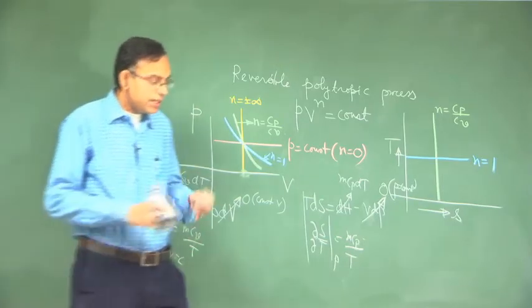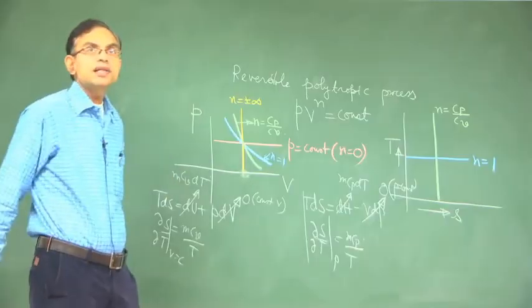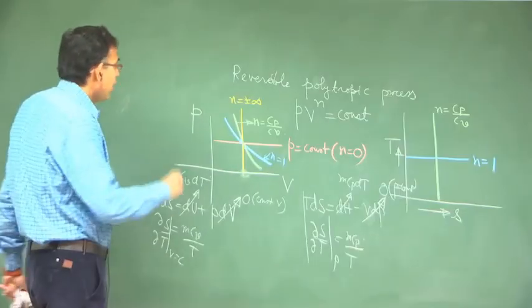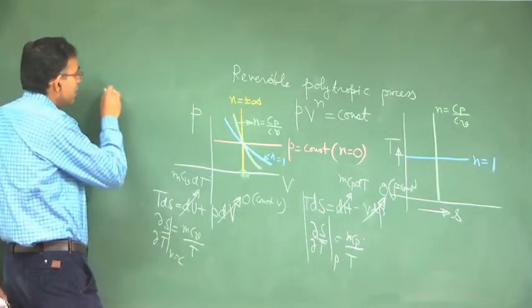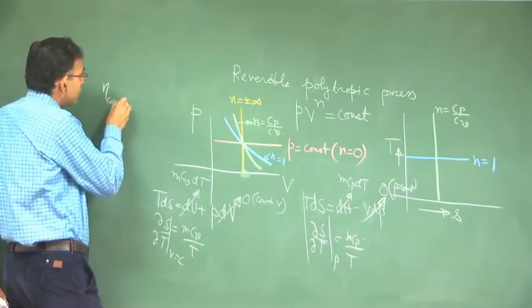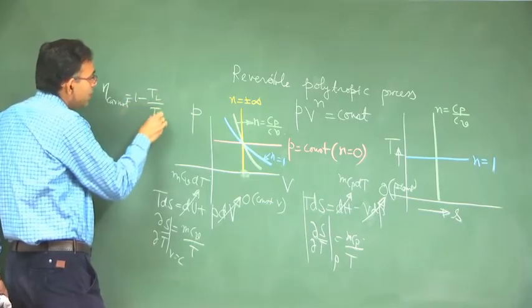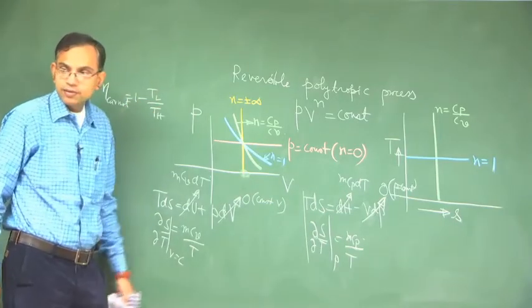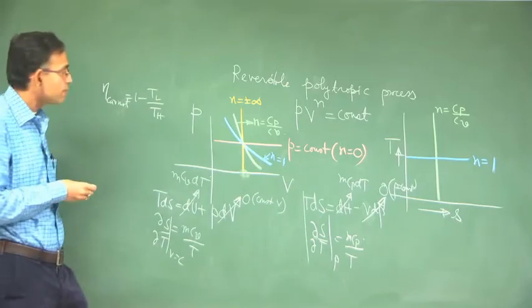So absolute temperature is positive, so there are many nice interpretations about it. Recall this, just as a side note, the efficiency of a Carnot cycle is 1 minus TL by TH, right. This we derived in one of our previous lectures.